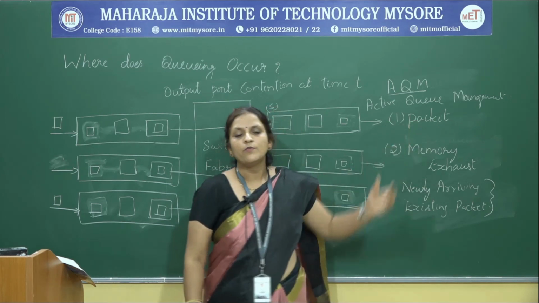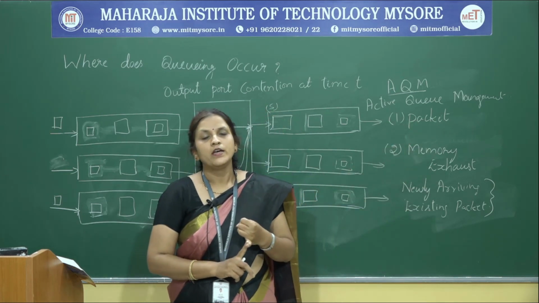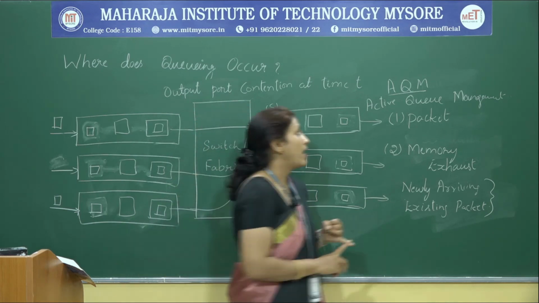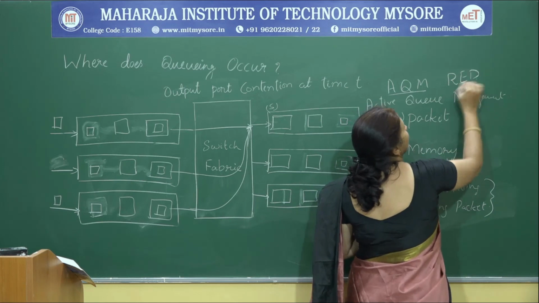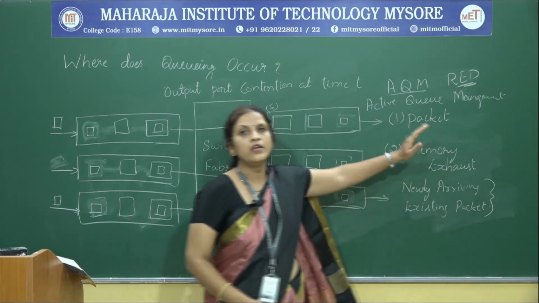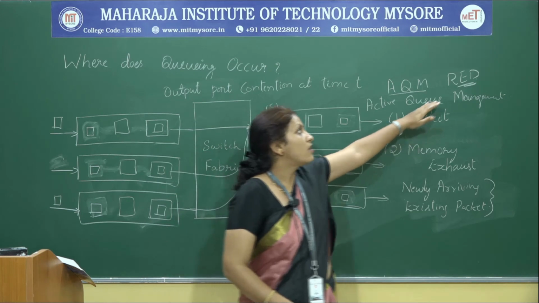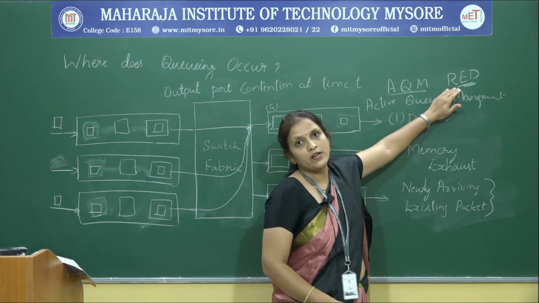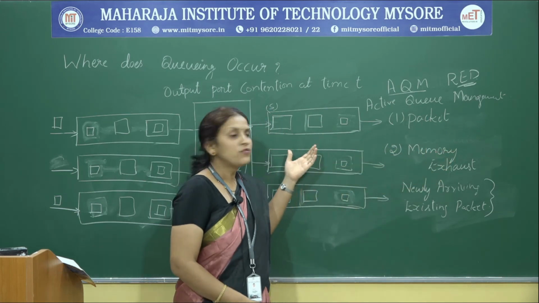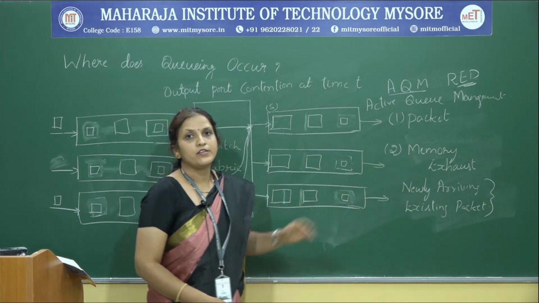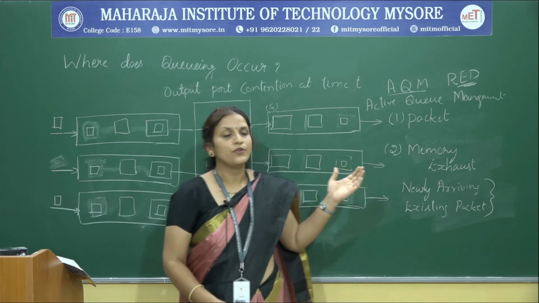One among the most widely used active queue management algorithms is RED, that is random early detection algorithm. This is the algorithm which is most widely used to perform active queue management in case of managing the queue buffer.